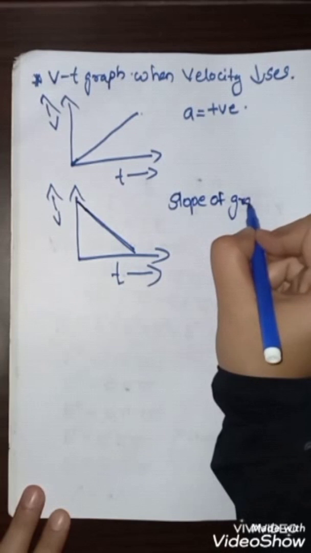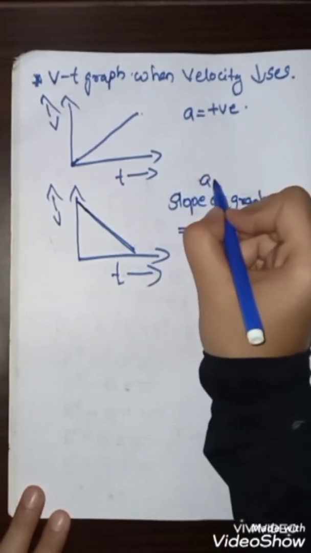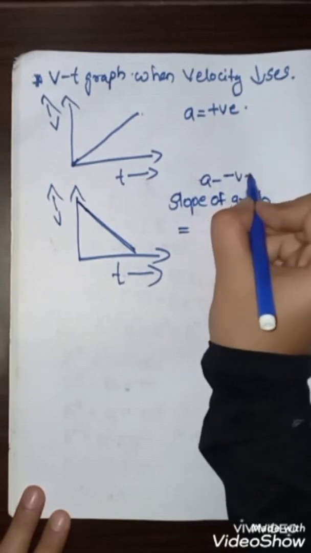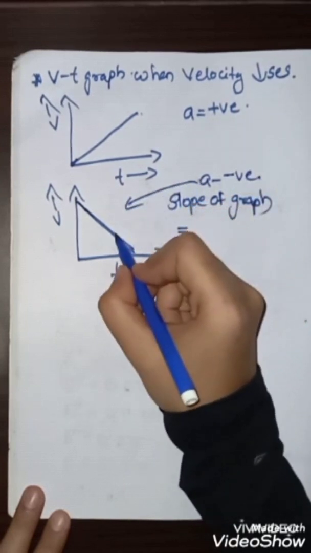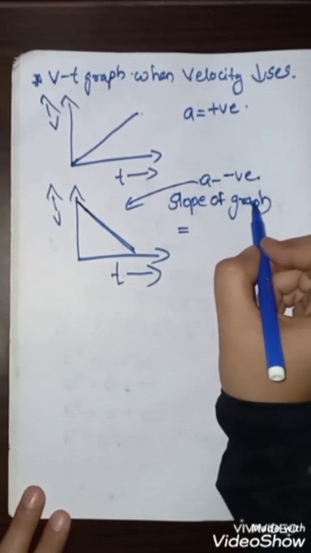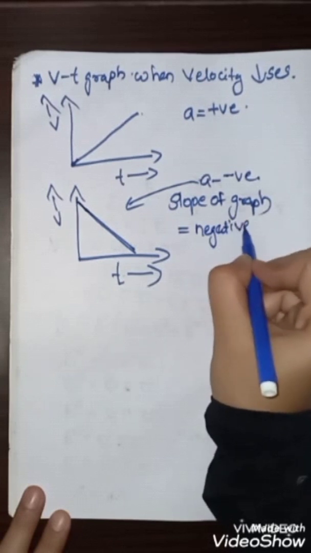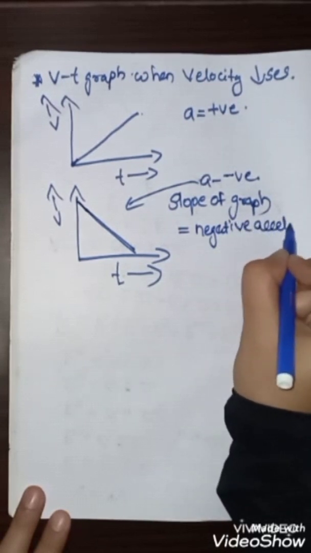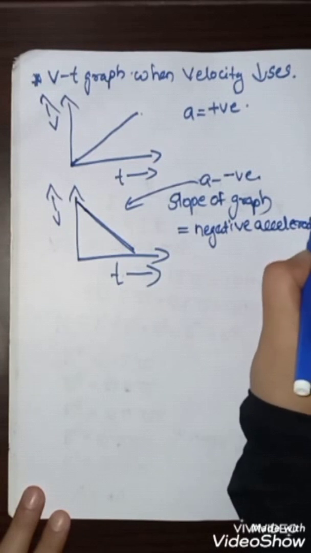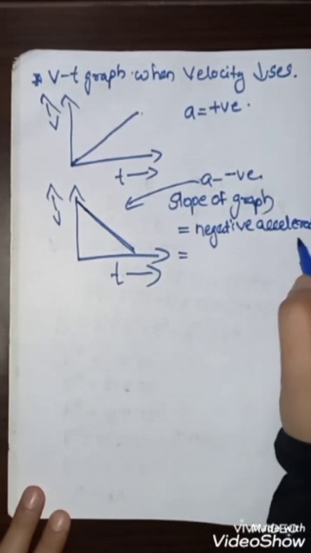Slope of graph is equal to acceleration. Here the acceleration is negative. So slope of the graph gives negative acceleration. That is, here the velocity decreases, so it gives the negative acceleration.